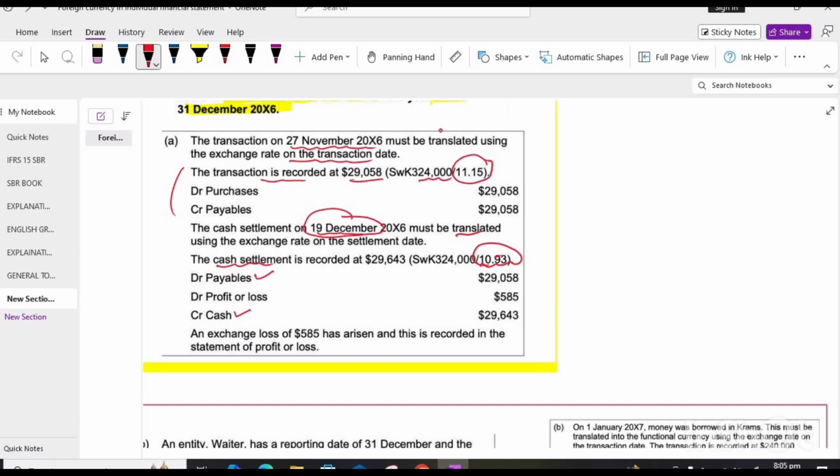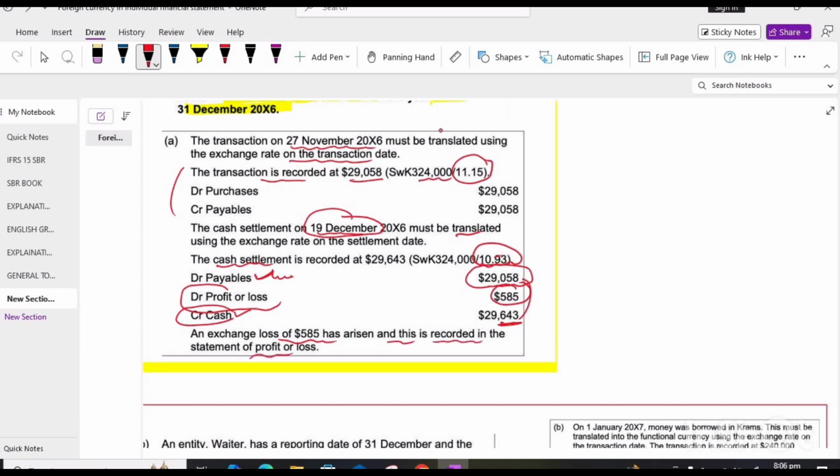You are paying the money, so your payable will decrease, your cash will also decrease because the liability will vanish, and there is an expense of 585 dollars. Before, the actual recognition of the payable was at the earlier rate, but you have paid more than you have recognized, and that is your loss.